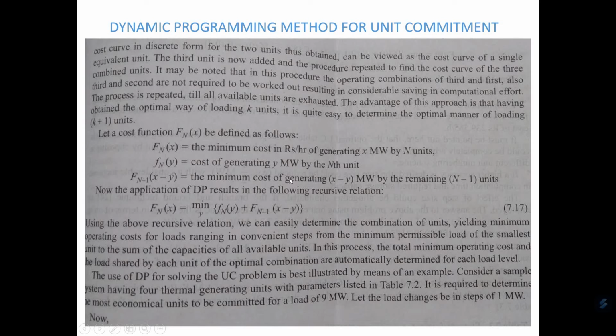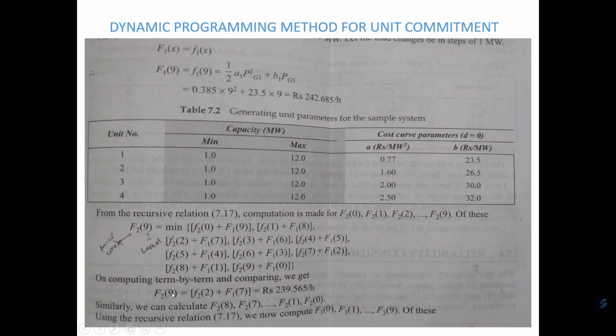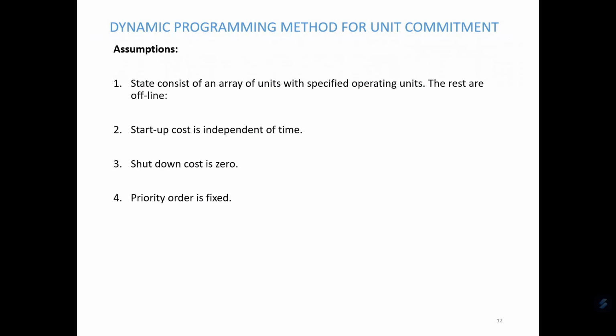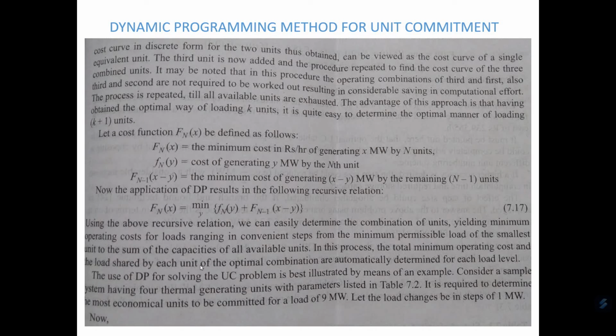Now the application of dynamic programming results in the following recursive relation. What is that recursive relation? fn of x is equal to the minimum of fn of y plus fn minus 1 of x minus y.